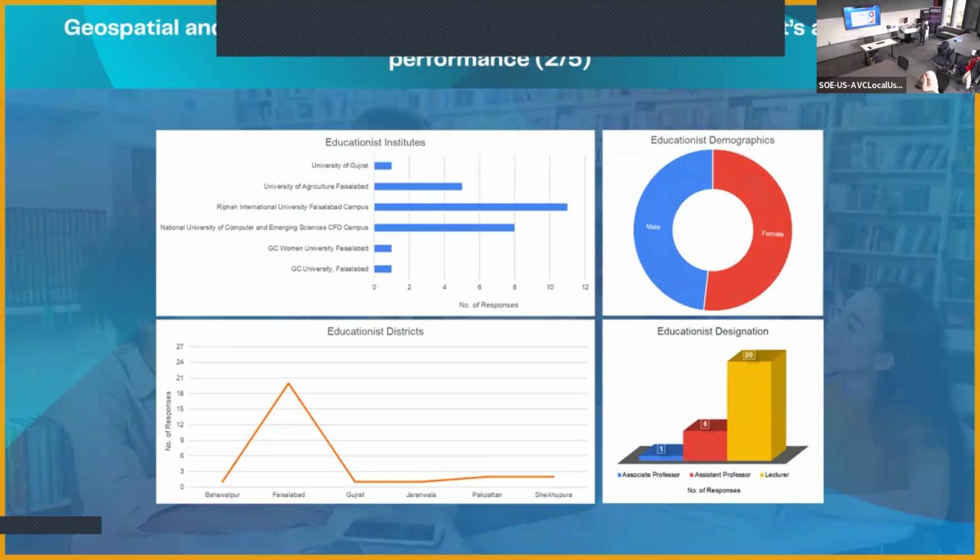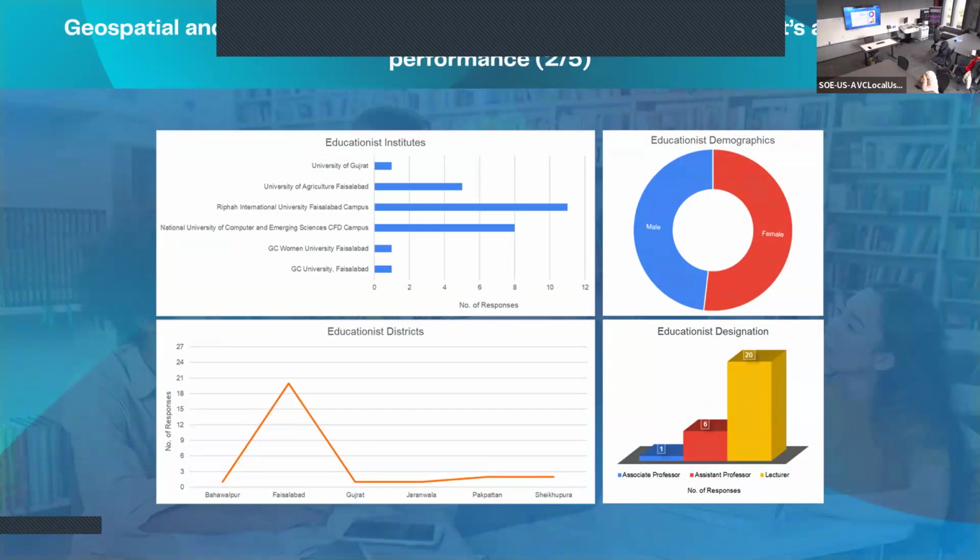So this was another study. We tried to predict students' academic performance based on different features and where they come from, for example, students in the northern area and students in the southern area. What types of facilities do they have?